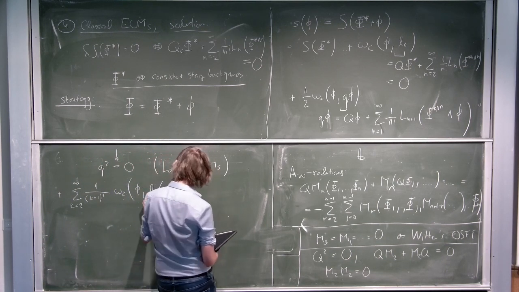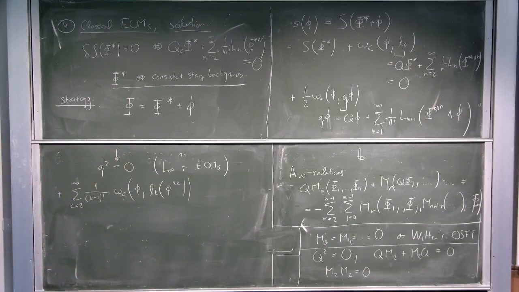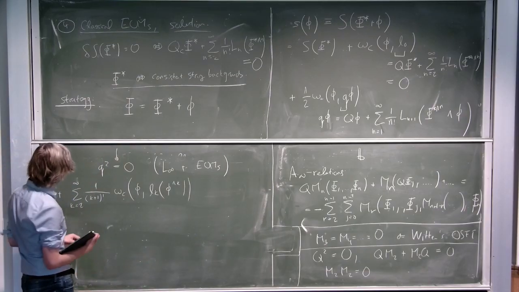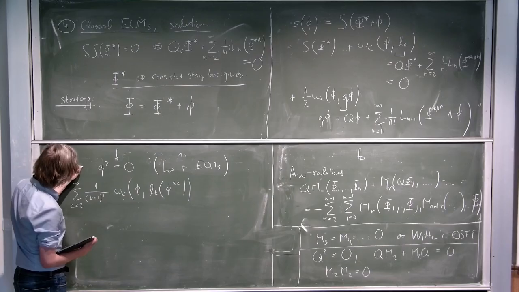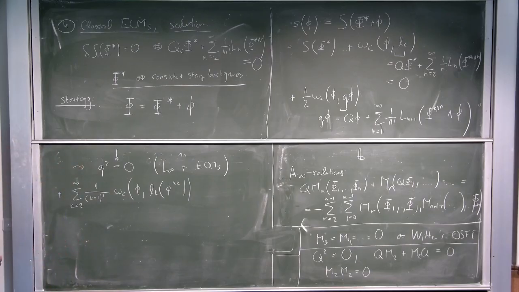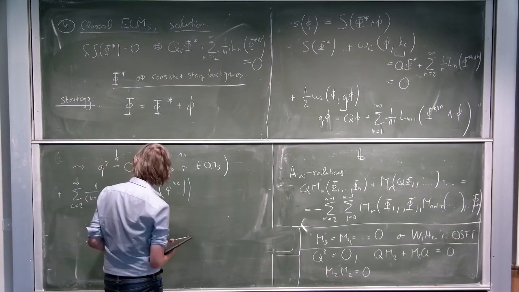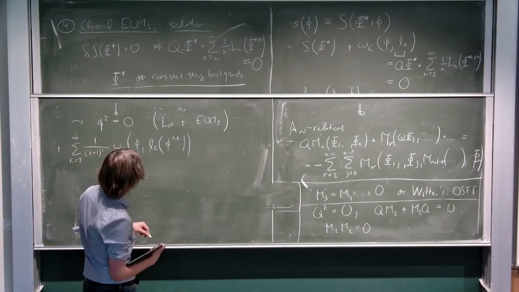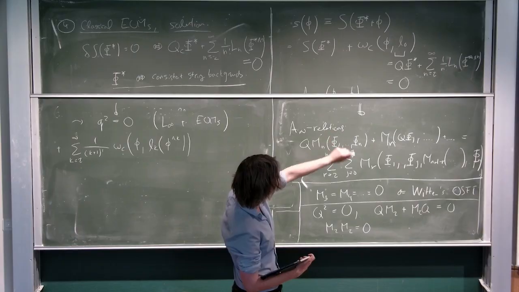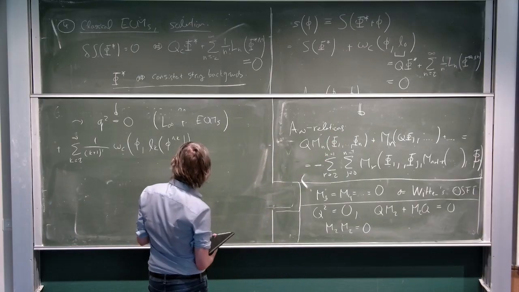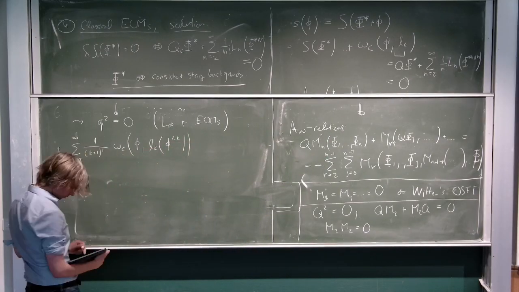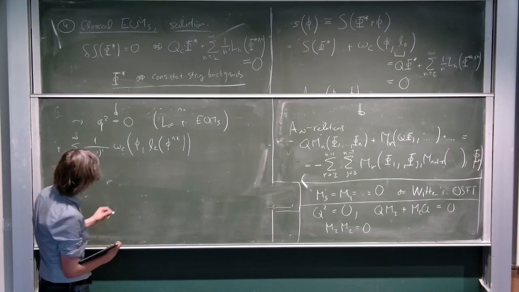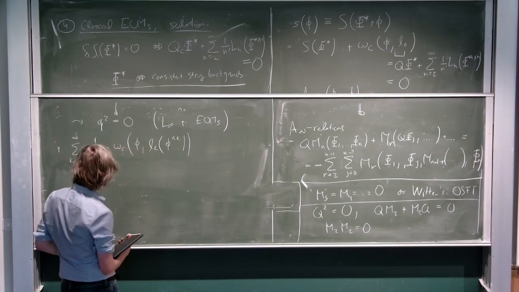I will not write down an explicit expression for these, but the story is precisely what you would have expected based on what you got for this Q. Again, as a consequence of the L infinity relations satisfied by these products capital L, and also as a consequence of the equations of motion for phi star, you can show that these products little l satisfy L infinity relations.